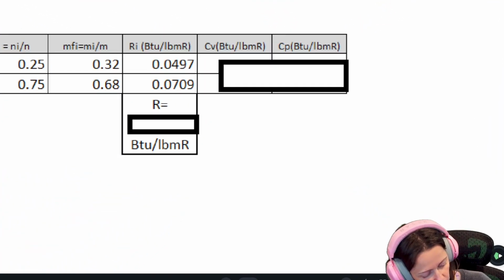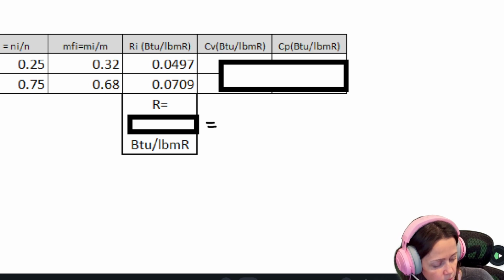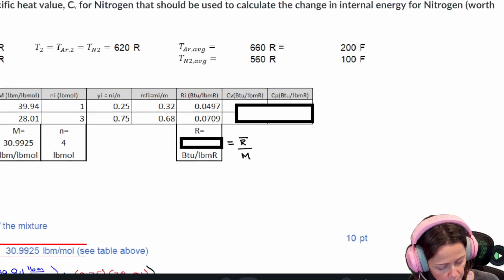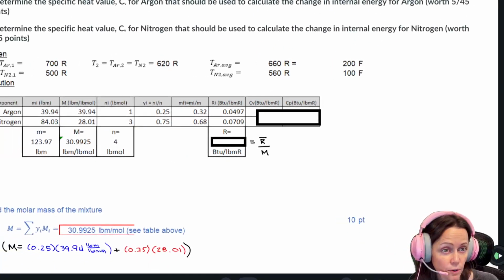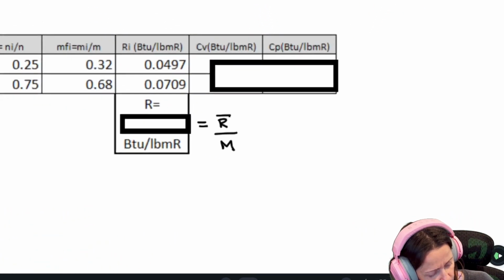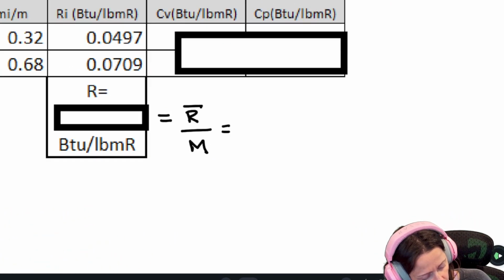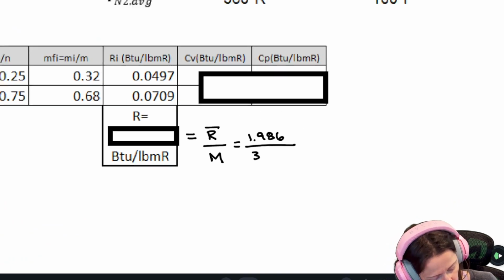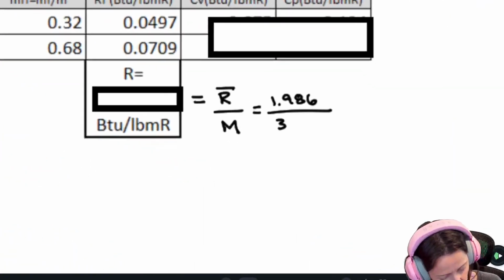If you did want to get the specific gas constant of the mixture, you could. This is going to be R bar over your molar mass of your mixture, and we have that molar mass, 30.9925. So this would be 1.986 over, what was it again, 30.9925.